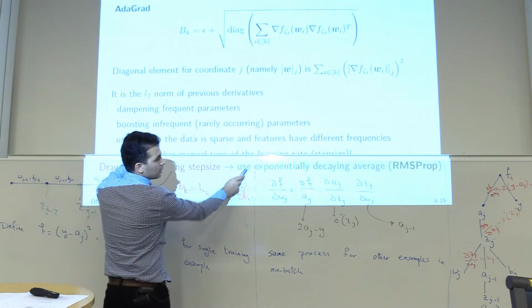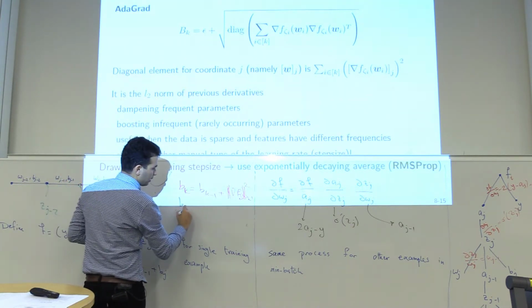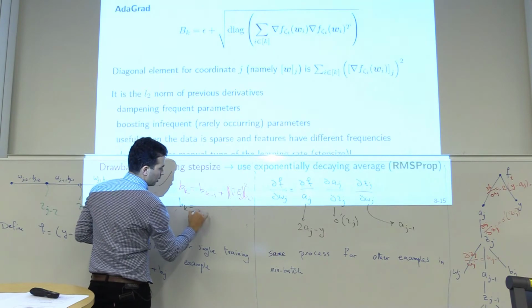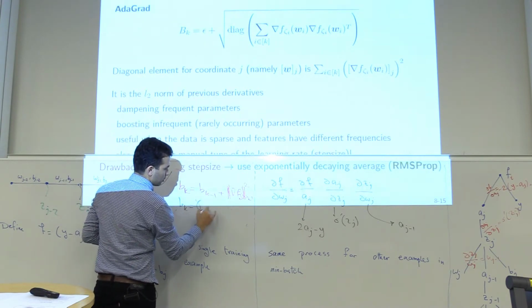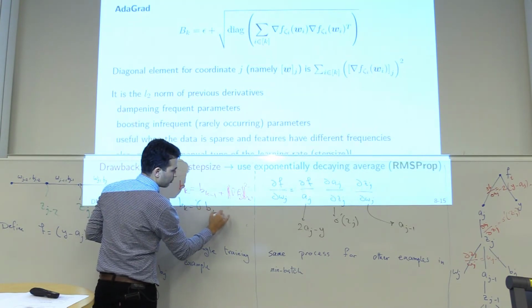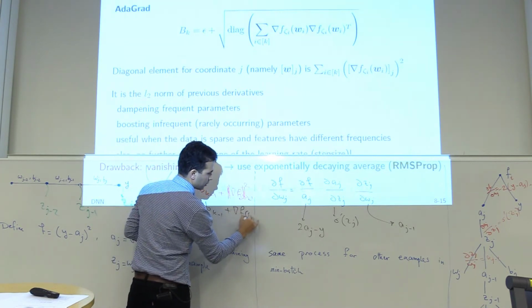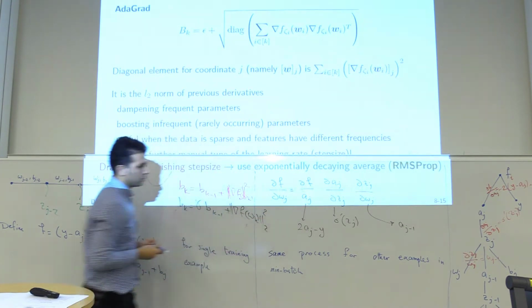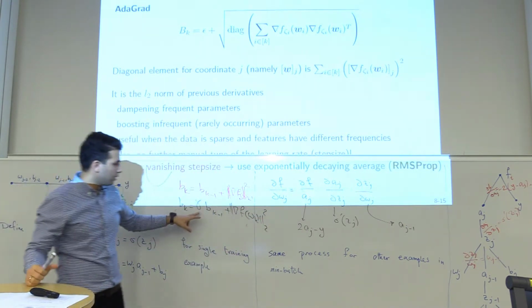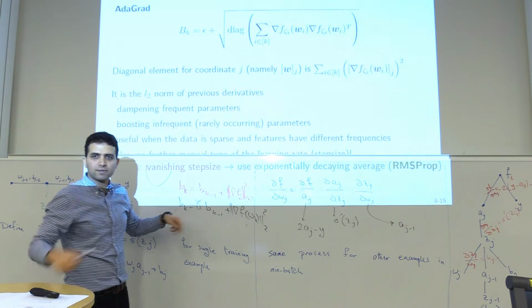This exponential decaying says that instead of that, use b_k equals gamma times b_{k-1} plus the norm squared of the gradient of f at w_k. So in that case, you're going to exponentially decay the previous ones after some iterations.